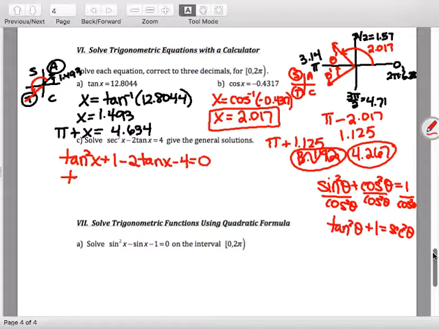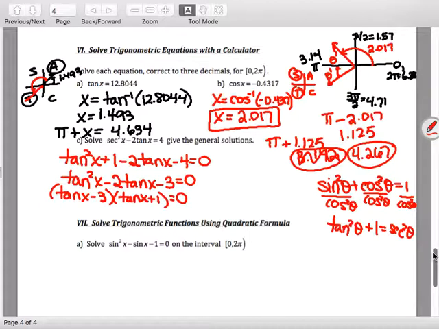So here we go. Let's collect like terms. And I get tangent squared x minus 2 tangent x minus 3 equals 0. Okay, this one's going to factor. This will be tangent x minus 3 times tangent x plus 1.